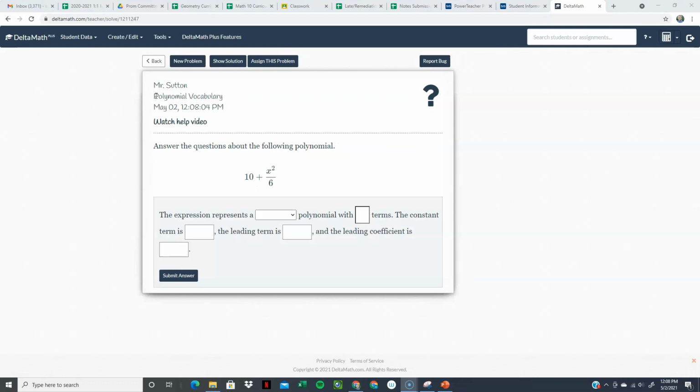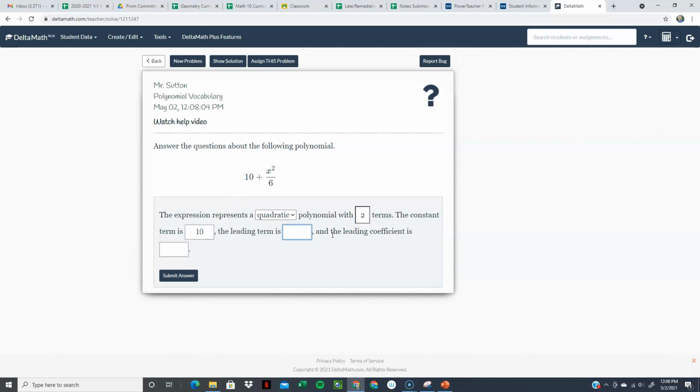Now we're going to look at some polynomial vocabulary questions. Answer the questions about the following polynomial. So this expression represents a quadratic, because we have a degree of 2, and there are 2 terms. The constant term is just the number that has no variables, so that would be 10.